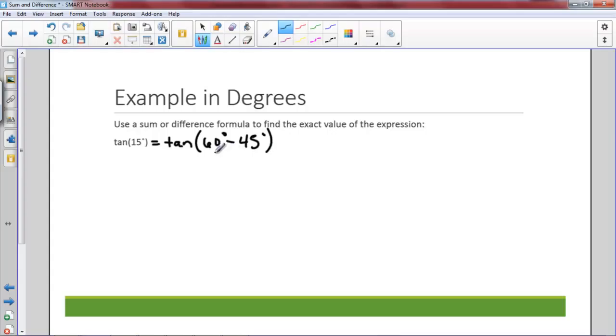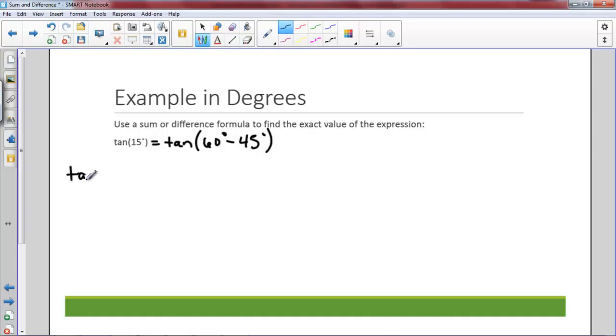Like I said before, you can also use two different angles here as long as they're on the unit circle. For example, I could have used 45 degrees minus 30 degrees. This is still going to give me 15 degrees. So whichever one you choose, you're still going to get the same answer. But I'm going to go with my original 60 degrees minus 45 degrees.